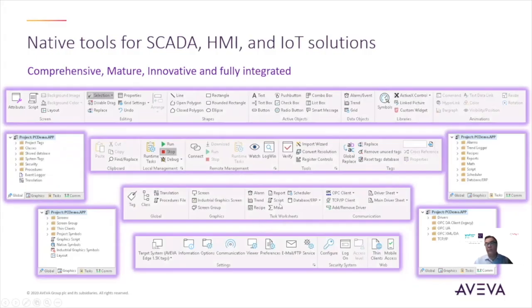There's 2 or 3 different scripting languages in the product. The ability to interface with multiple different drivers simultaneously, as well as OPC. I didn't mention this earlier, but in addition to the other drivers that we have, I think I did maybe mention MQTT as well.